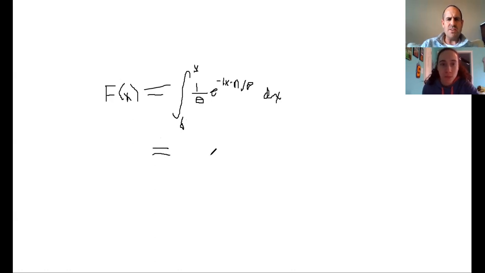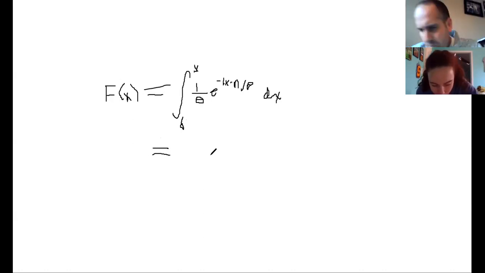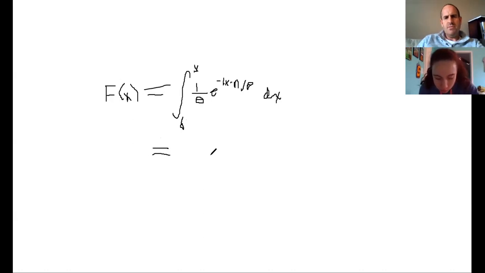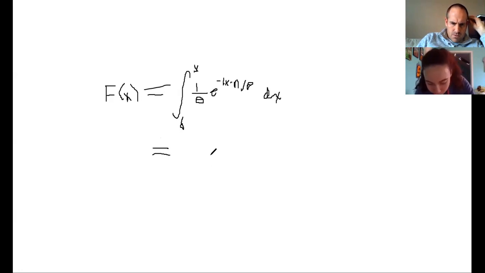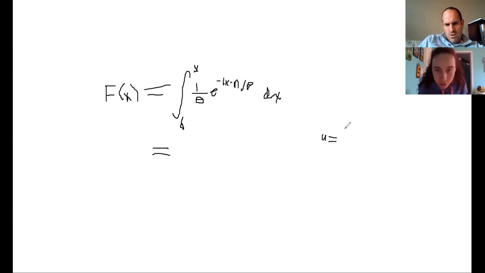So what did you get for the antiderivative of this? I did a u-substitution, with all the stuff that e is to the power of as my u. I think I got negative e to the negative x minus delta over theta, plus c, which I think would just be 1 according to our formula.